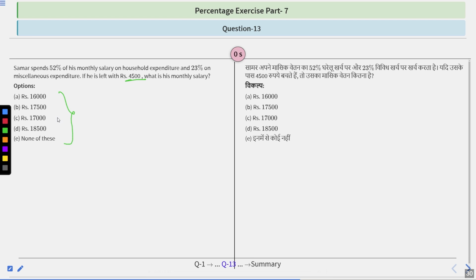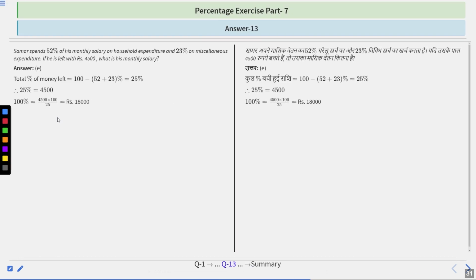Now time's up. Let's see the solution. According to the question, total percent of money left. So first, he spent 52%. Again, he spent 23%. Clear? So 100 minus (52 plus 23) becomes 25%. And in the question, it is given that he is left with 4,500.